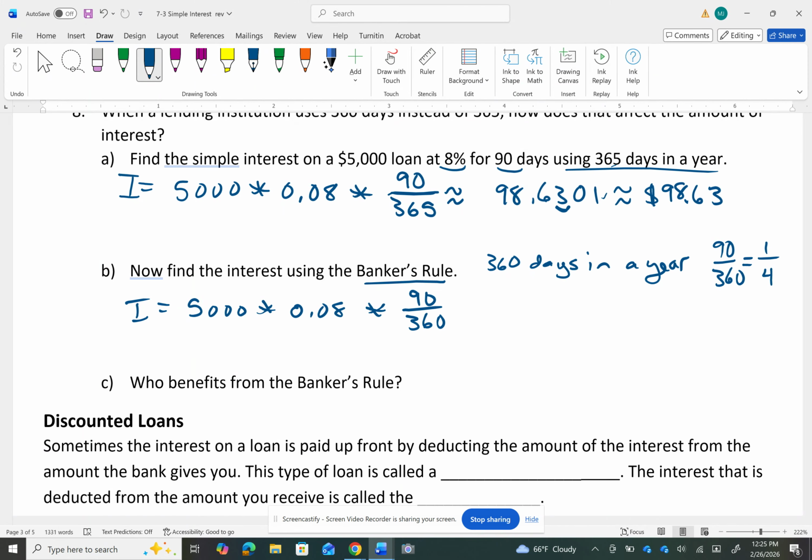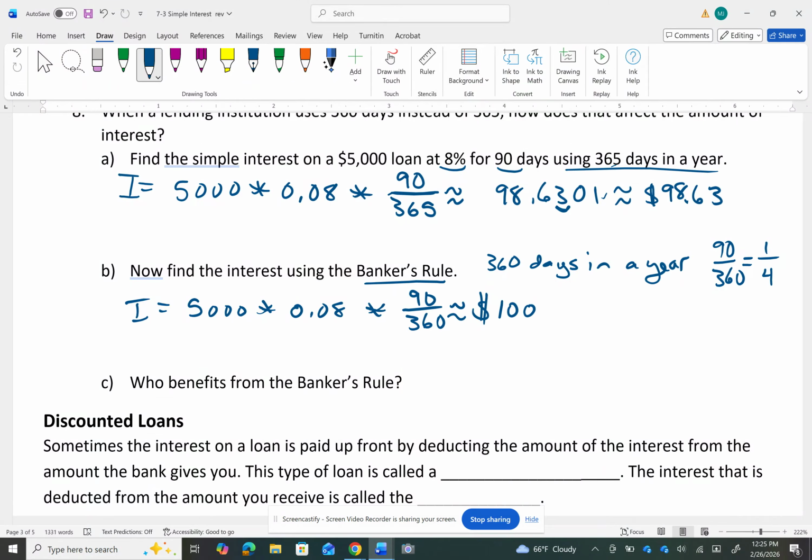That allows me to type in 1/4 instead of 90 over 360. You can do it with the 1/4, or with 90 divided by 360. What I wind up with is precisely 100. So I would owe $100.